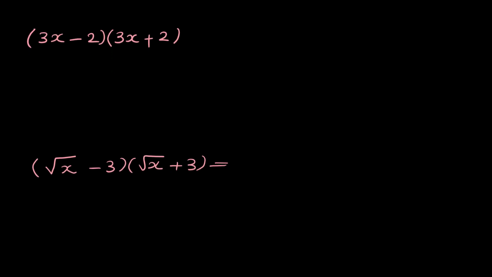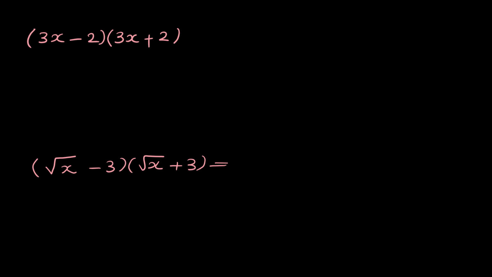Look at this example. We have a binomial multiplied by another binomial, and this seems a relatively simple example. We can use the FOIL method to multiply these two binomials by each other. But let me tell you an identity that you can use for multiplying these binomials by each other faster.